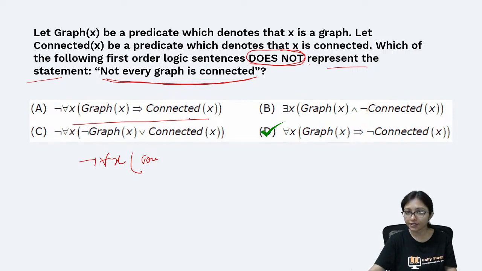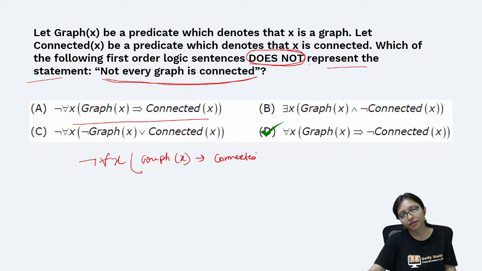That is correct. Now, not for all X, whenever I write graph X implies connected X, this one only I can change like that.